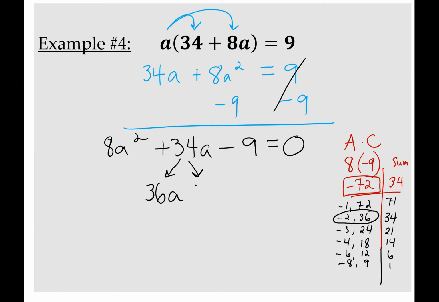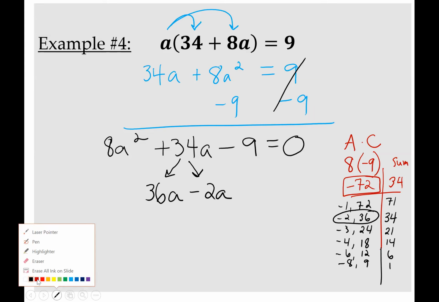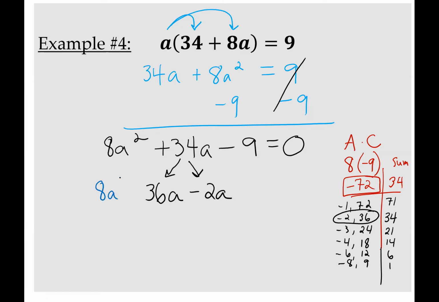So I'm going to write 36a and then -2a. I could easily have written it the other way. It really doesn't matter. Your work in the meantime will look different, but the final answer should be the same. Okay, so bringing all the terms down, I now have 8a squared plus 36a minus 2a minus 9 equals 0.